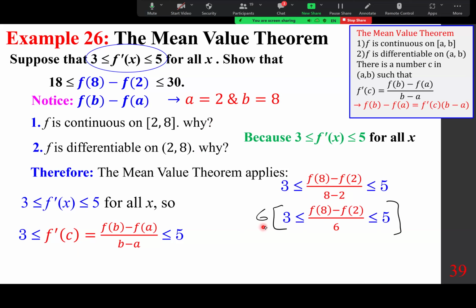So this becomes 18. This denominator goes away. This becomes 30. So f of 8 minus f of 2 is between 18 and 30. And we just proved what the question was asking. This is using the mean value theorem.